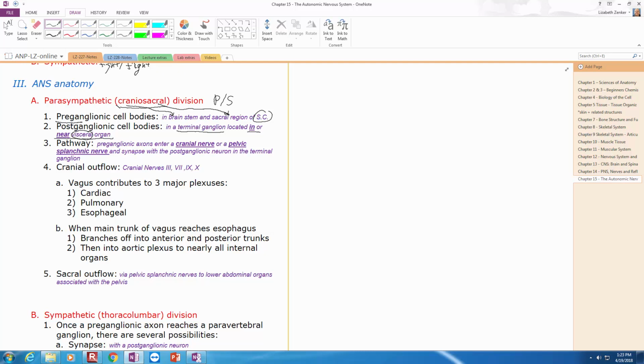If the cell body is near the organ, it's farther away from the CNS, it's closer to the organ side. So who has the longer axon? Preganglionic would. I know it seems opposite, but when you take it apart like that, then it starts to make sense why it would be longer at that point.